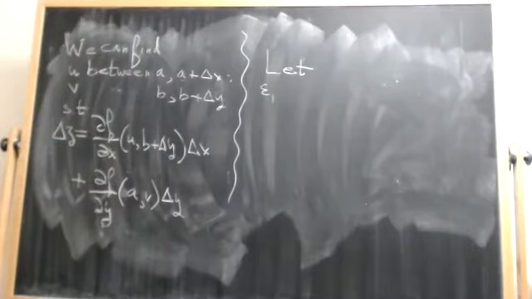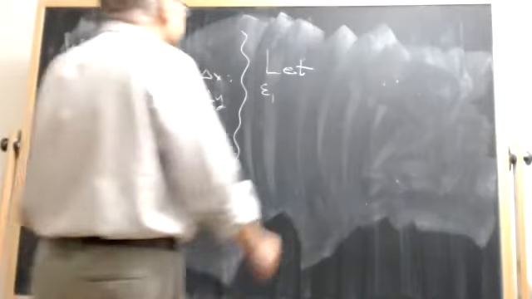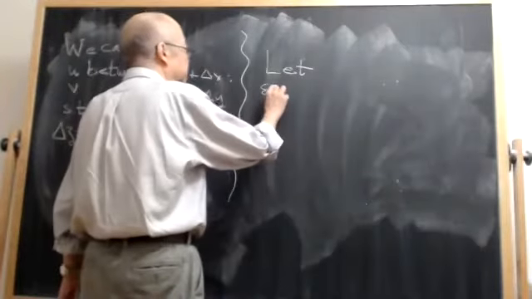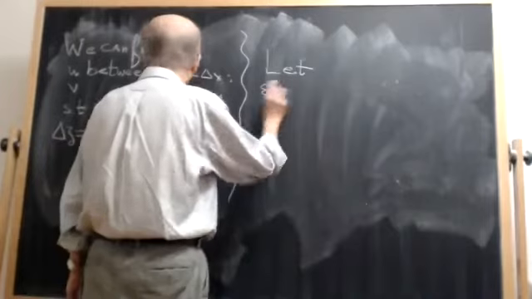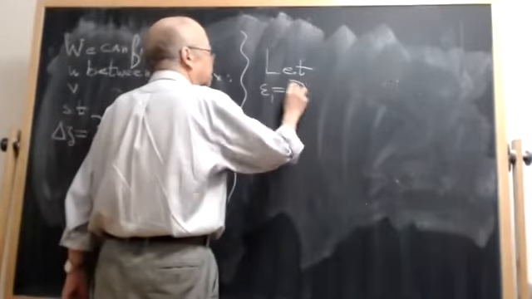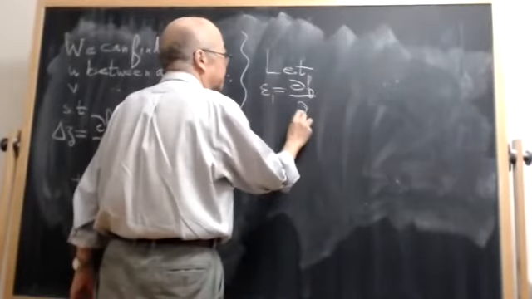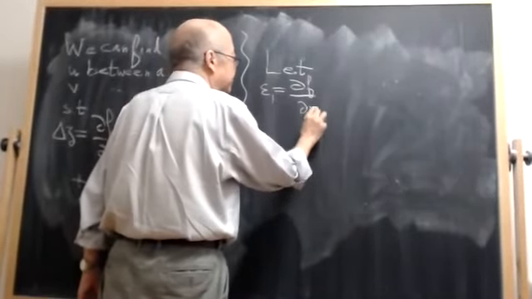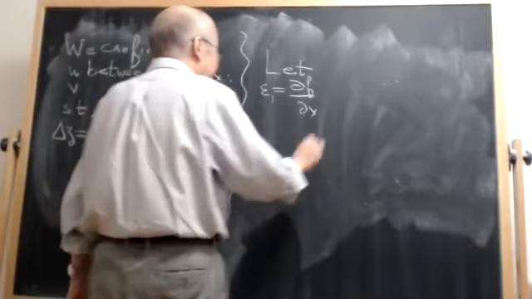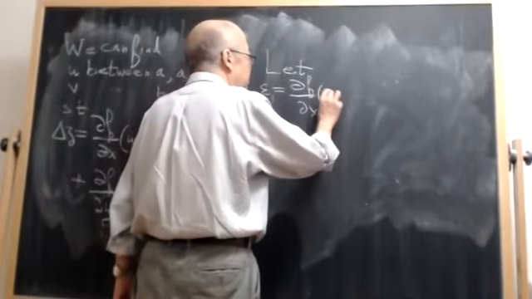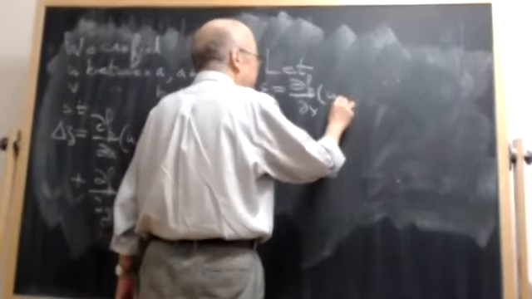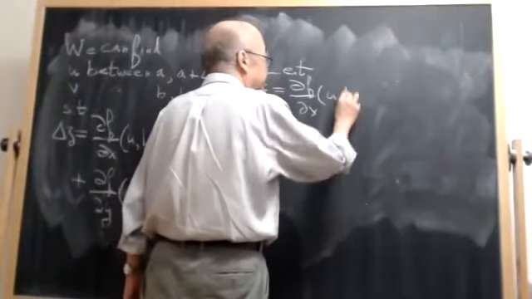I think there's a typo in my notes. So it's df dx at u, b plus delta y.